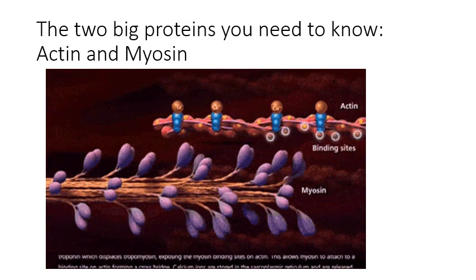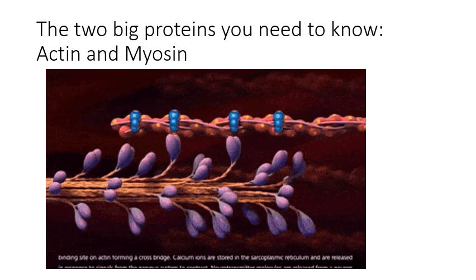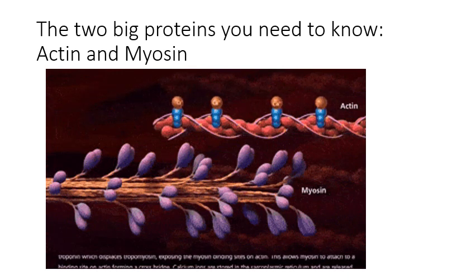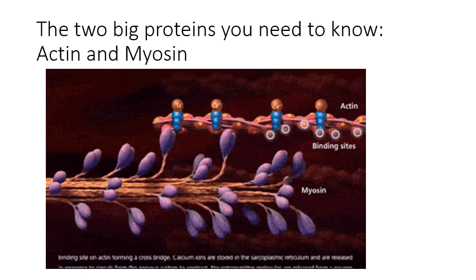So the binding sites are potentially there, but you've got a chemical blocking them up, literally stuck in those binding sites. Now that tropomyosin is being moved and twisted as actin is being twisted out of the way. You're therefore now exposing the binding sites. The myosin heads can attach.